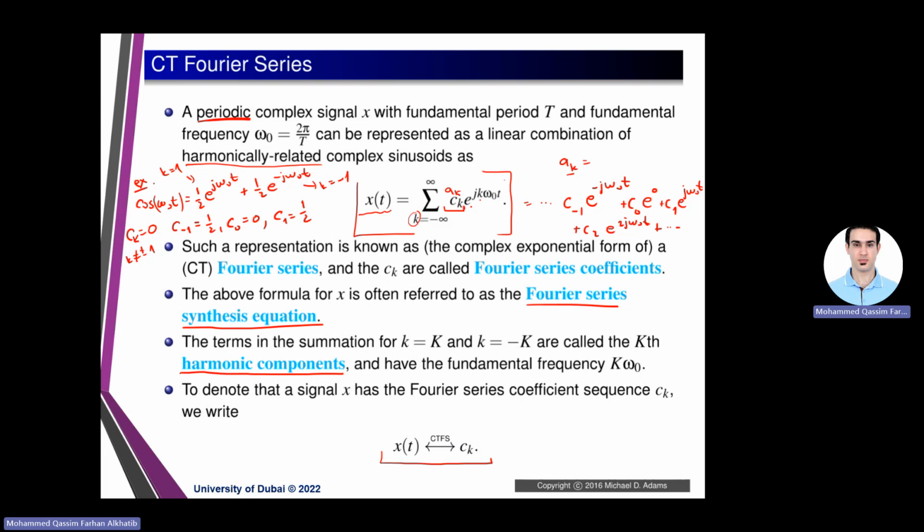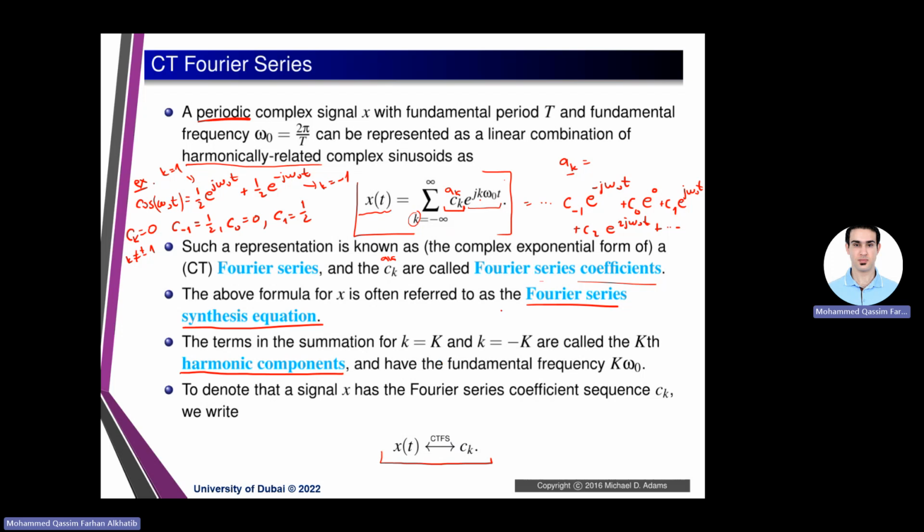Now the complex exponent stays as is. The thing that you need to find is this coefficient C of k, and the expression will be described in the next slide. So such a representation is known as the complex exponential form of Fourier series, and C of k, A of k, are called the Fourier coefficients.